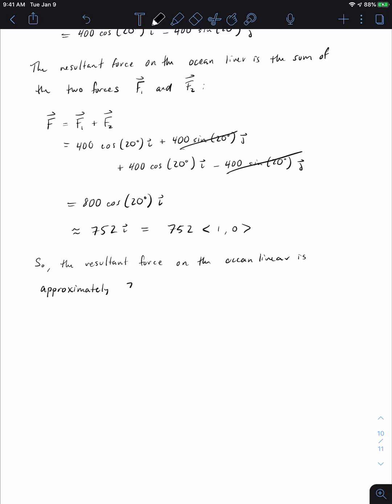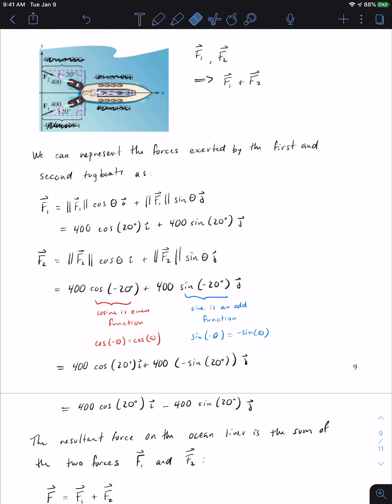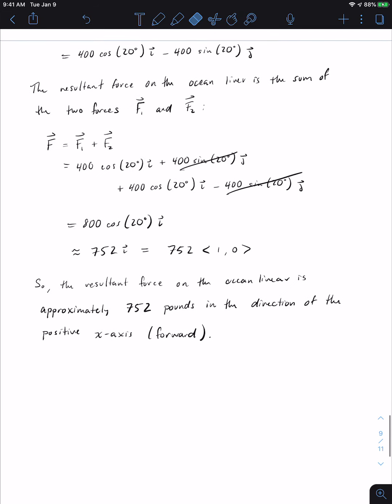So it's approximately 752 pounds in the direction, well, because it's positive in i, that means in the direction of the positive x-axis. In the case of this problem, forward. The boat was moving forward. And what I covered up here was just what we solved for there.